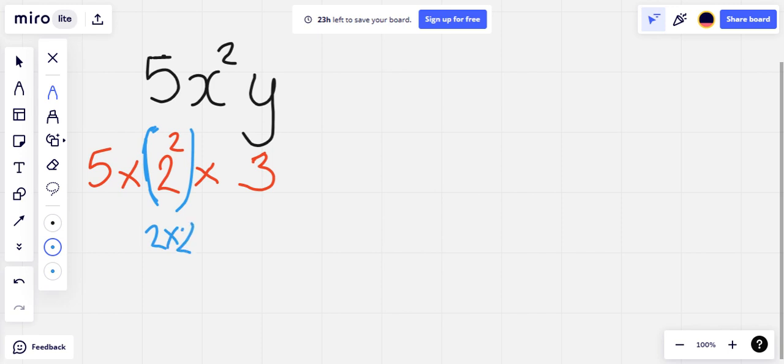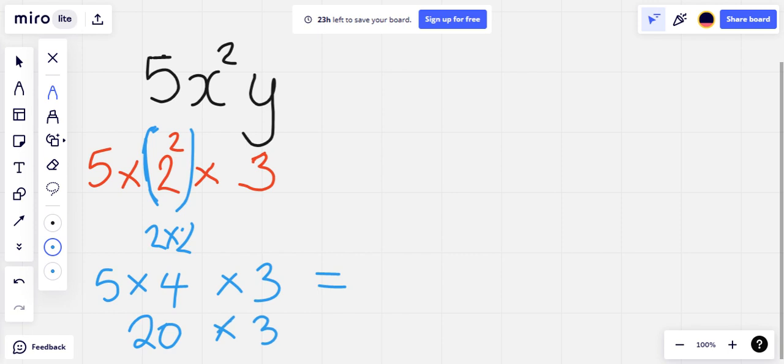All right, 2 times 2 is 4. So we have 5 multiplied by 4 and also multiplied by 3. And that's going to equal 5 times 4 is 20. All right, 20 multiplied by 3 is 60. A little bit of work right there, right?